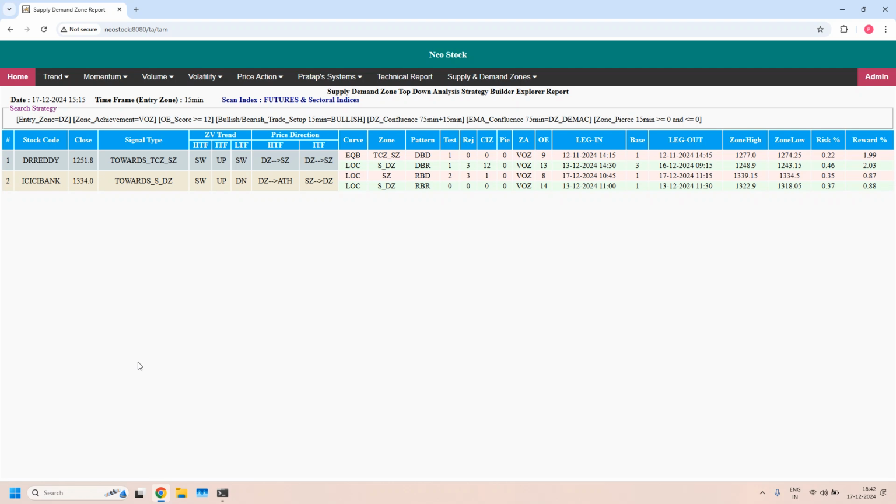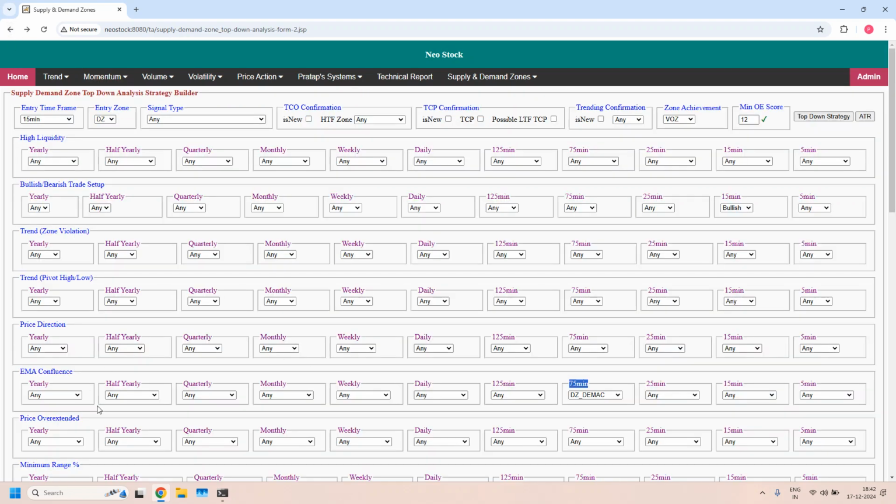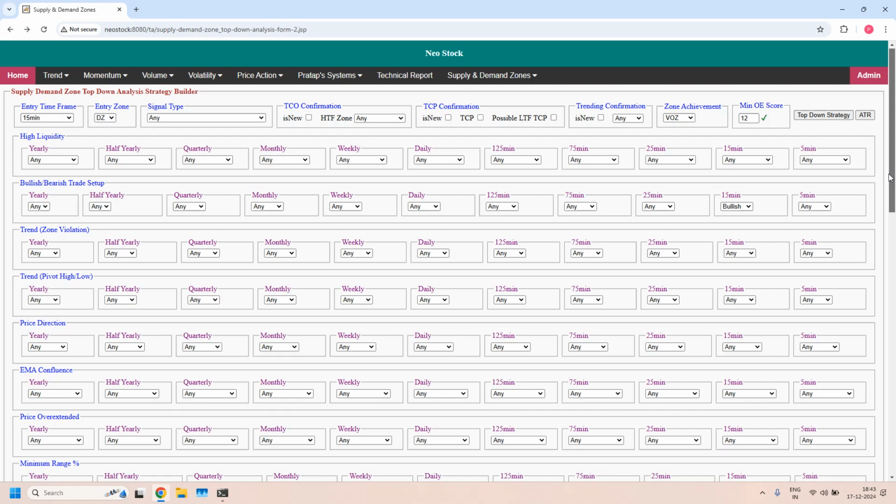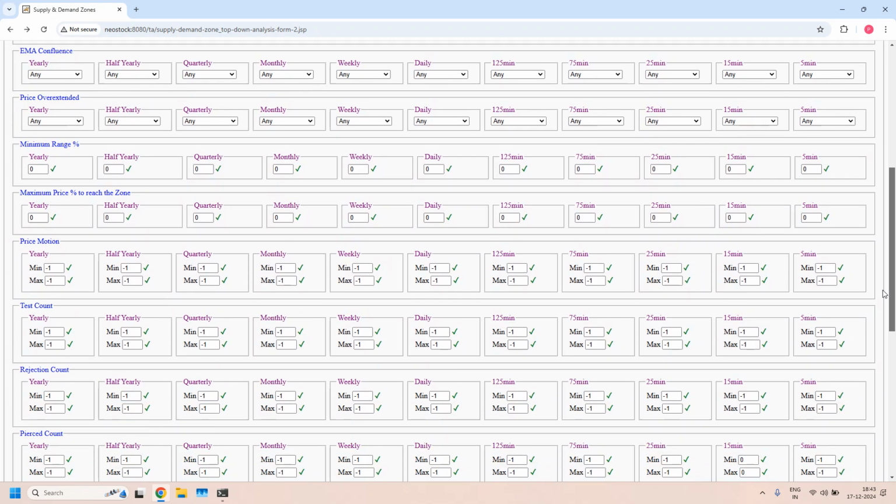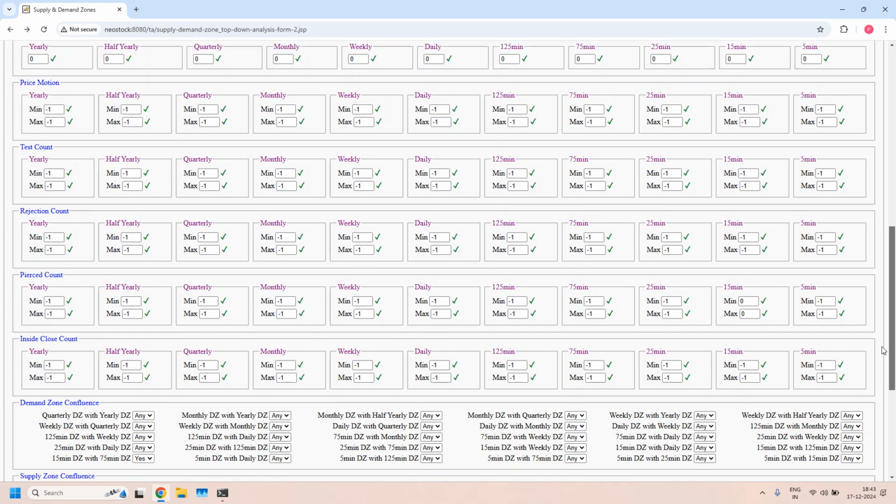Okay. Now let's look for LTF, ITF and HTF demand zone confluence supported stocks. I am removing this EMA filter. So in the demand zone confluence, I need to set 3 filters: LTF, ITF, HTF demand zone confluence.